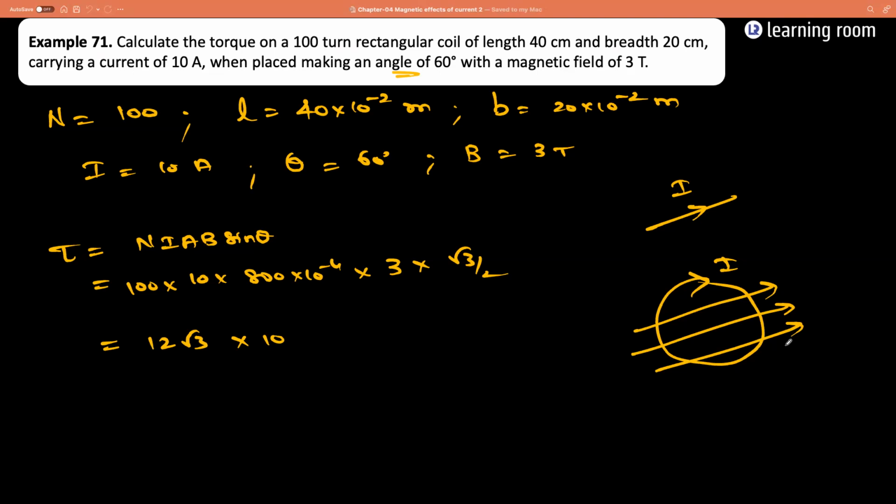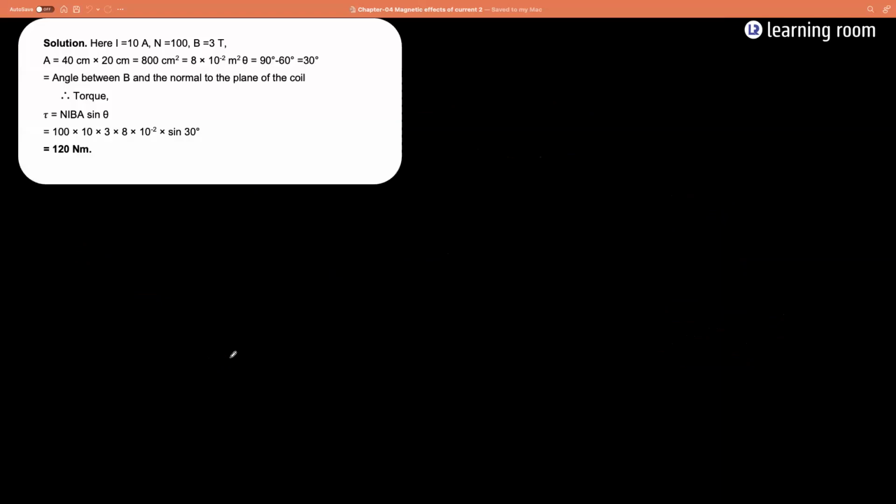So it is going to be 30. So sine 30 is supposed to be half. So how much is the answer? 120 Newton meter.